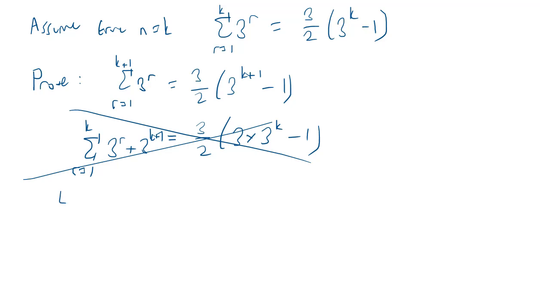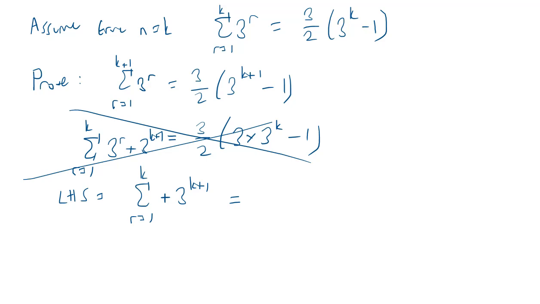What we do is we say the left-hand side equals, now I'm going to go straight to the line I've got up here that I've just crossed out, the sum from r equals 1 to k plus 3 to the k plus 1. So there's no both sides of the equal sign in this case.